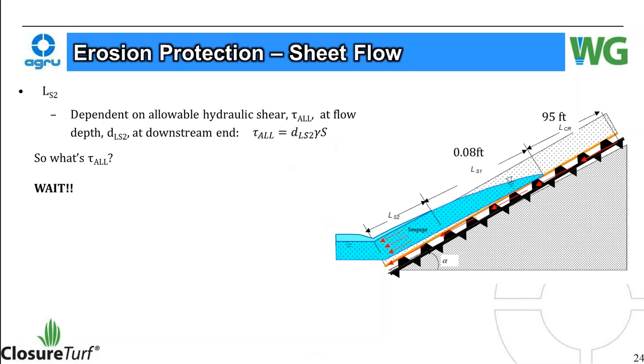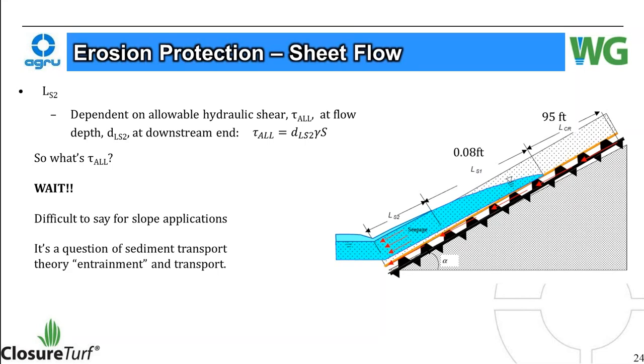Well, we need to wait a sec on this. For slope applications, it's really difficult to say, namely because we don't have a long enough slope to really test this in the laboratory anyway.